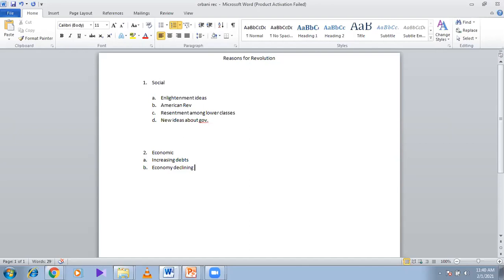Done? Even though the Roman Catholic Church and the nobles, the two estates, were collecting very high percentages of taxes, they still did not make profit.